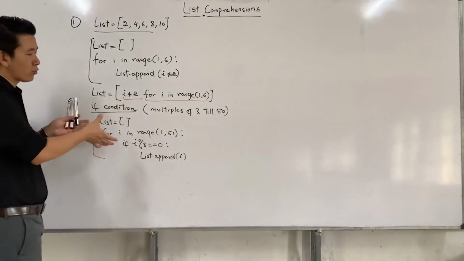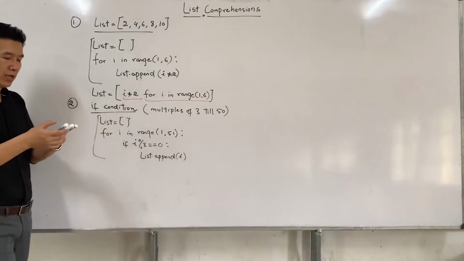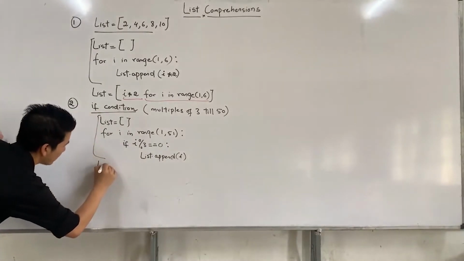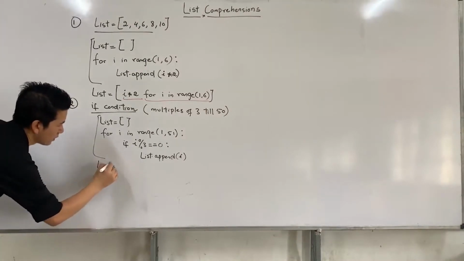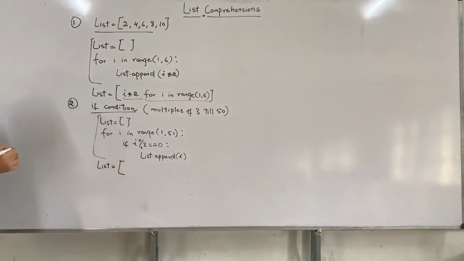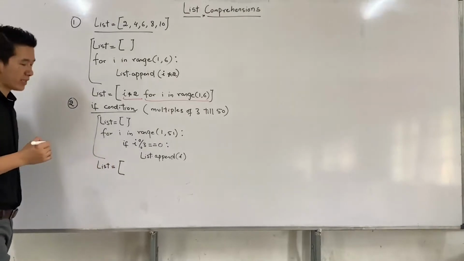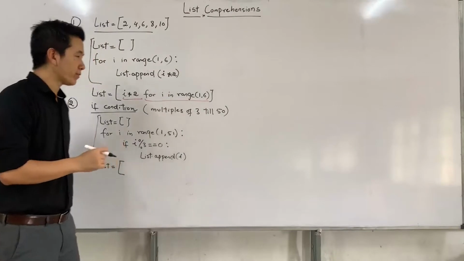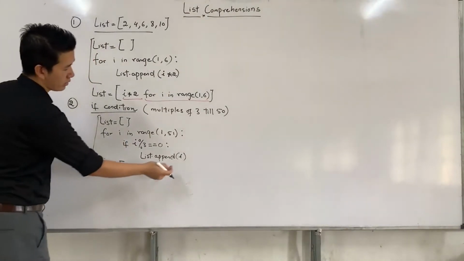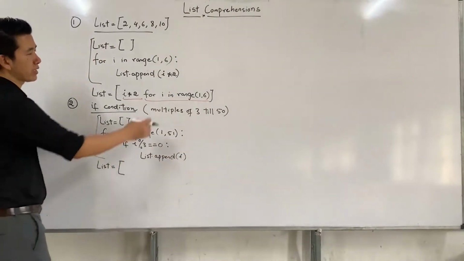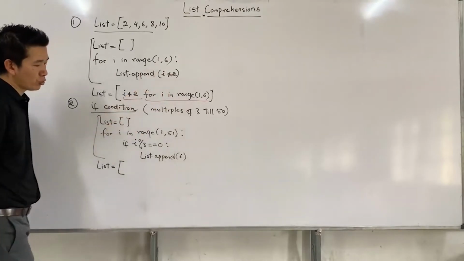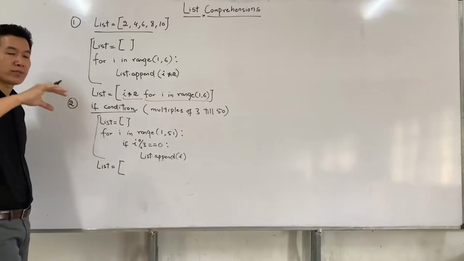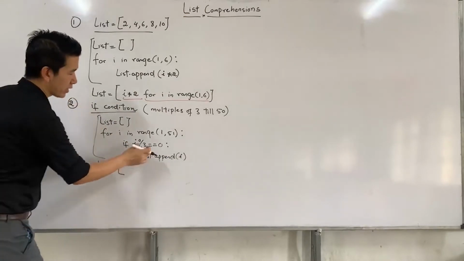So the idea is, if I could replicate the same task using list comprehension, it's going to be like this. List equals, and then you have the square bracket, and the first thing that comes in the list comprehension is the expression creating the list, which is just i. In the earlier case we had i multiplied by 2, but over here the value of i should form the elements of the list provided the condition is true.